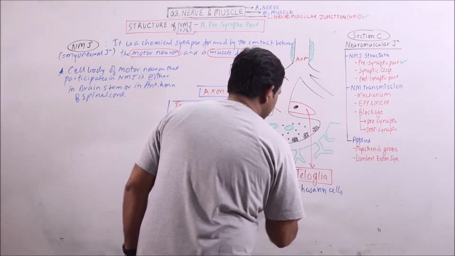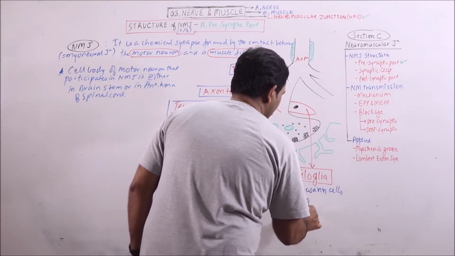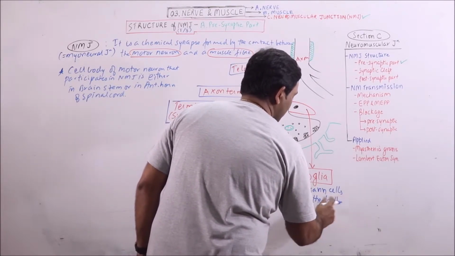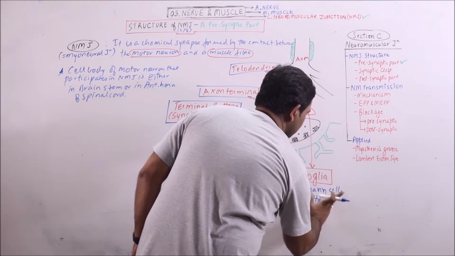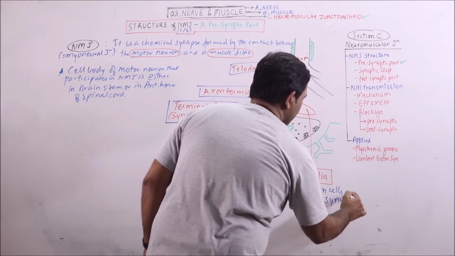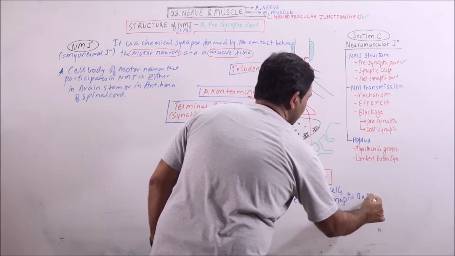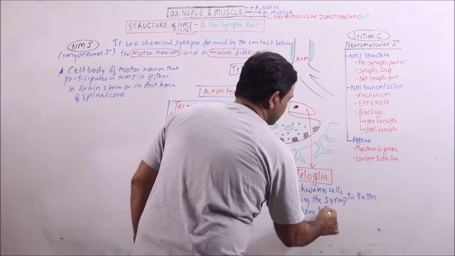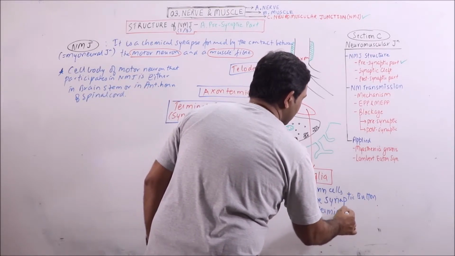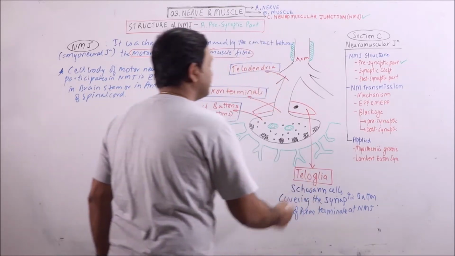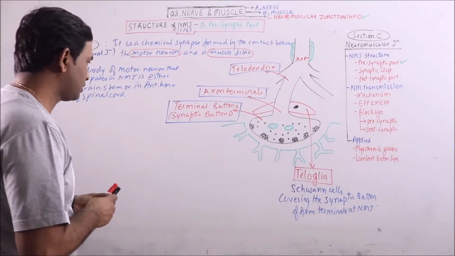So Schwann cells covering the synaptic buttons of axon terminals at NMJ are termed as teloglia cells.